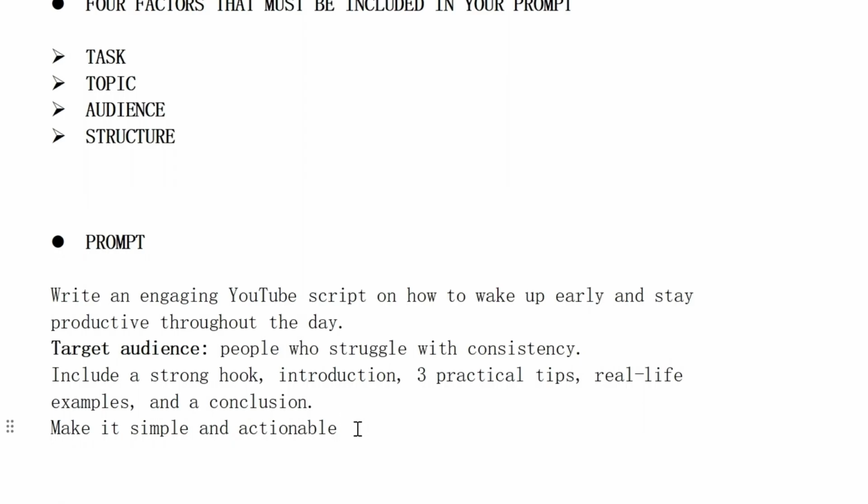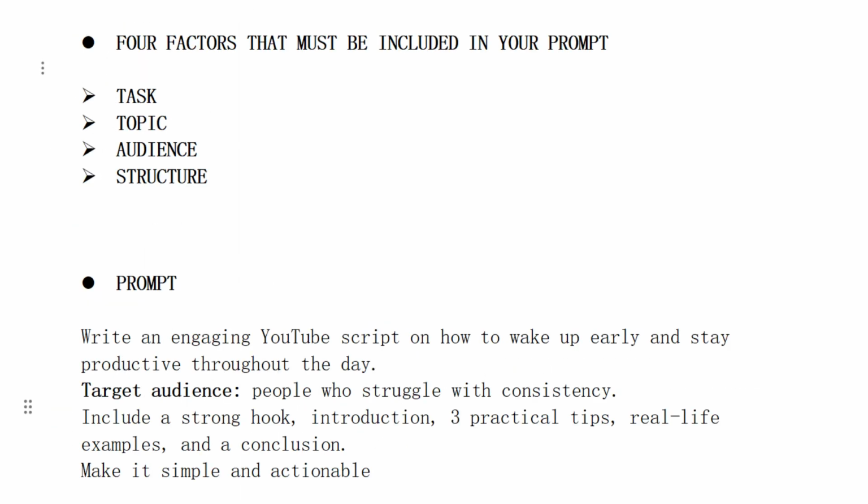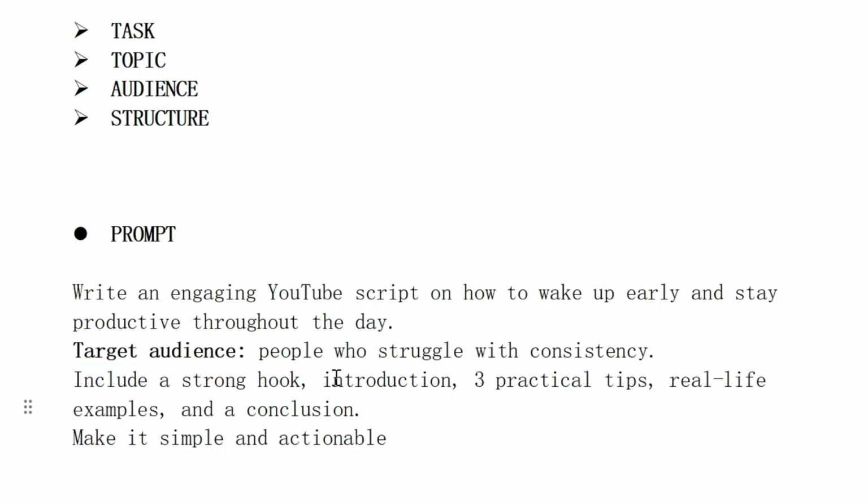When we're talking about a hook, it's something that will make viewers stay in your videos from beginning to the end. If you cannot capture viewers within 5 to 10 seconds of your videos, most viewers will be tempted to leave your video. Now, the next thing is introduction. You need an introduction on the particular video that you are creating.